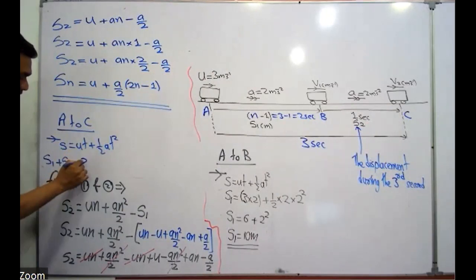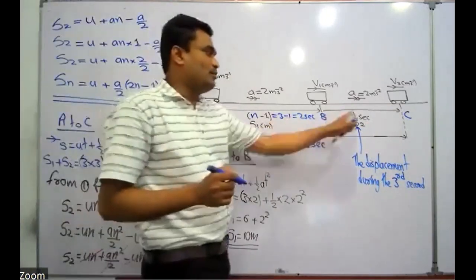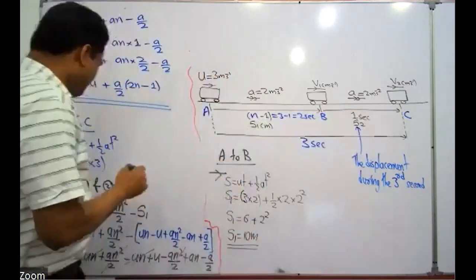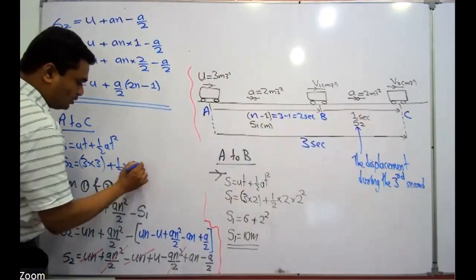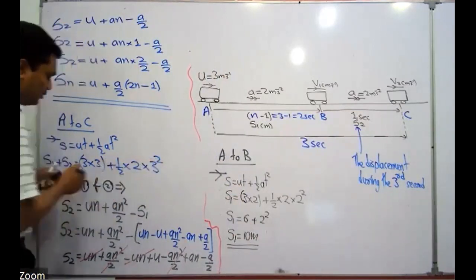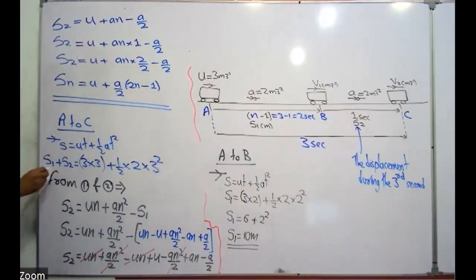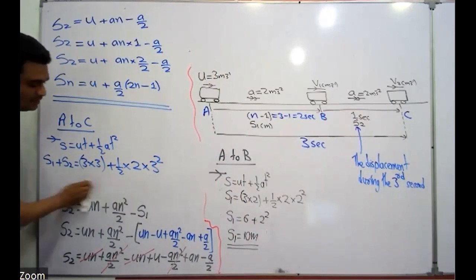A velocity 3, time is 3. Total time taken for the object to travel from A to C is 3 seconds. Plus half, acceleration is 2, time is 3. Can you do the rest and find S2 from this? S2 is the thing that you want to find.